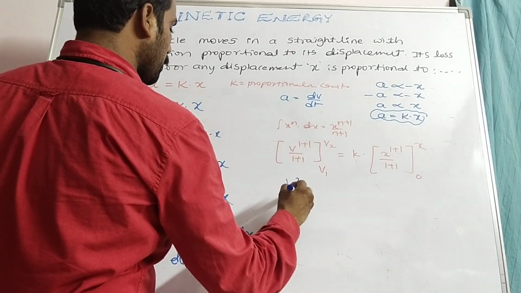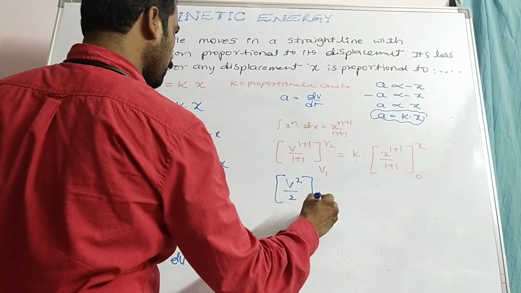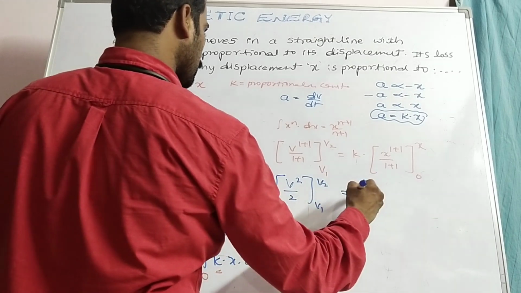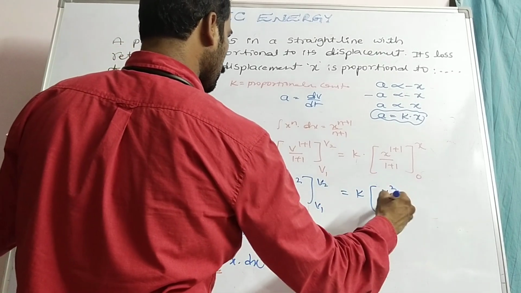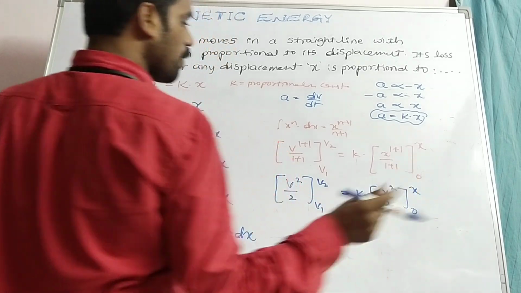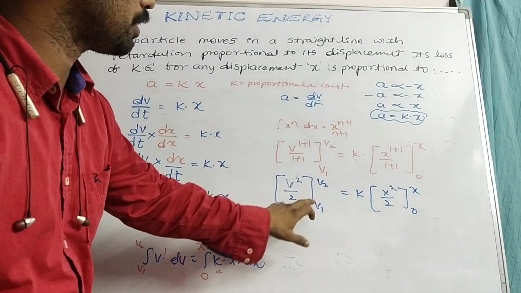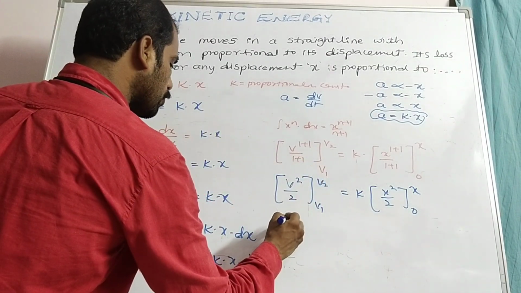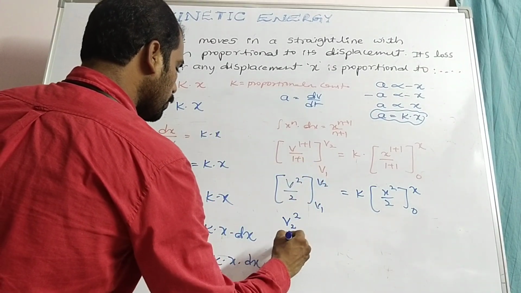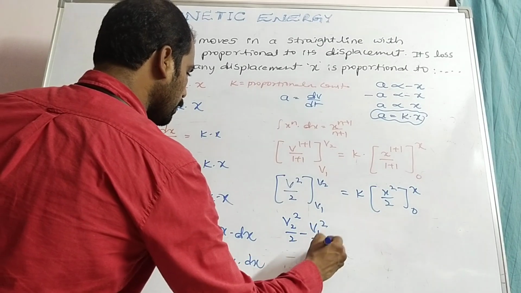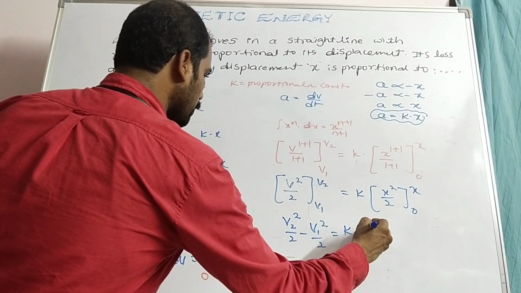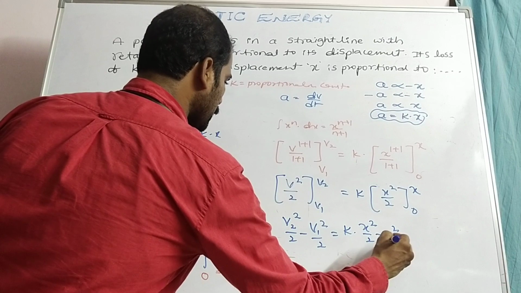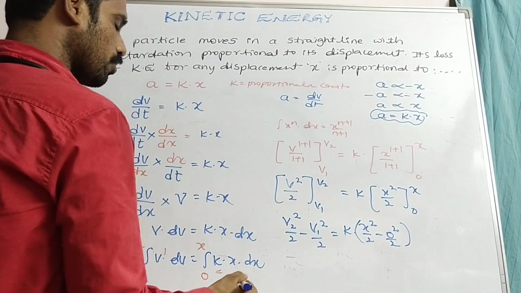v square by 2 from v1 to v2 is equal to k into x square by 2 from 0 to x. First of all, we have to apply the upper limit minus the lower limit. So substituting, v2 square by 2 minus v1 square by 2 is equal to k into x square by 2 minus 0 square by 2.